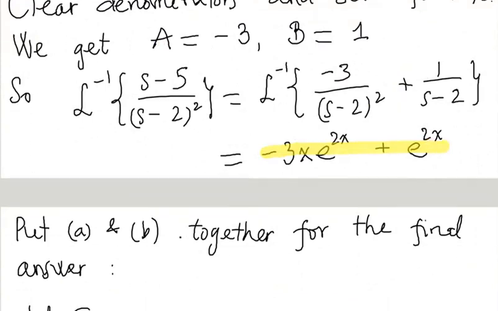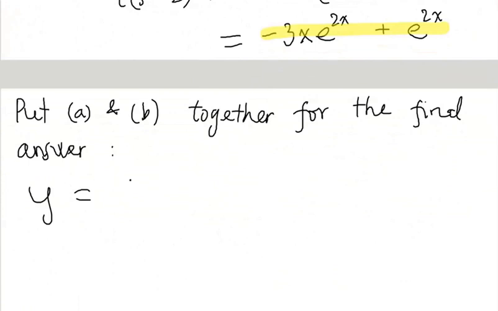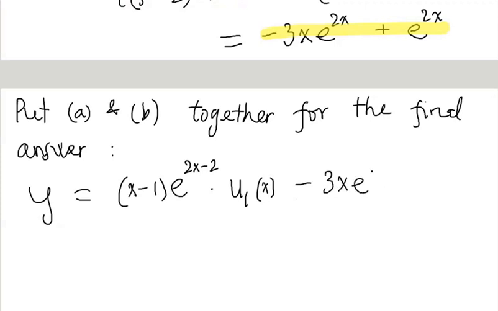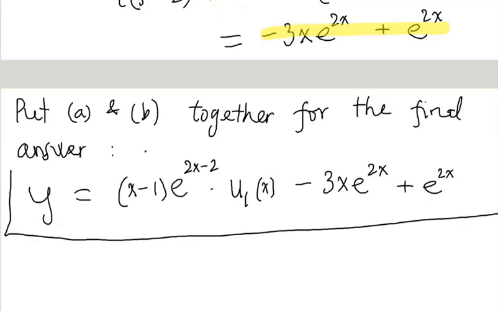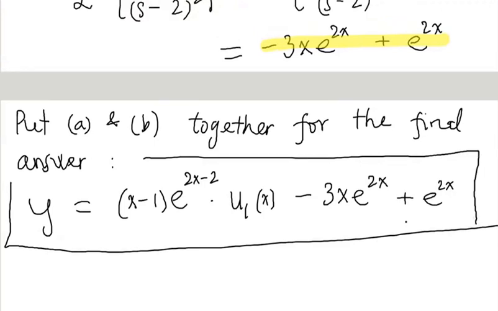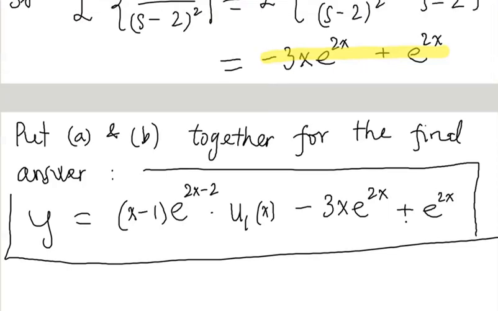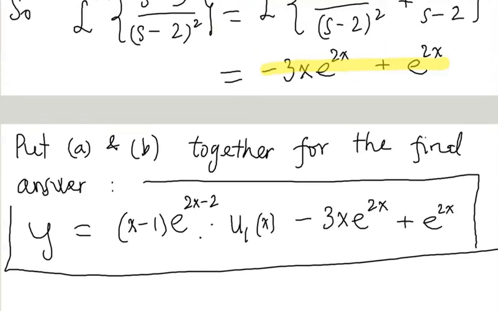So together we have x minus 1 times e to the 2x minus 2 times u_1(x), and then minus 3x e to the 2x plus e to the 2x. And this is the solution to our given initial value problem. This is the end of the lecture.